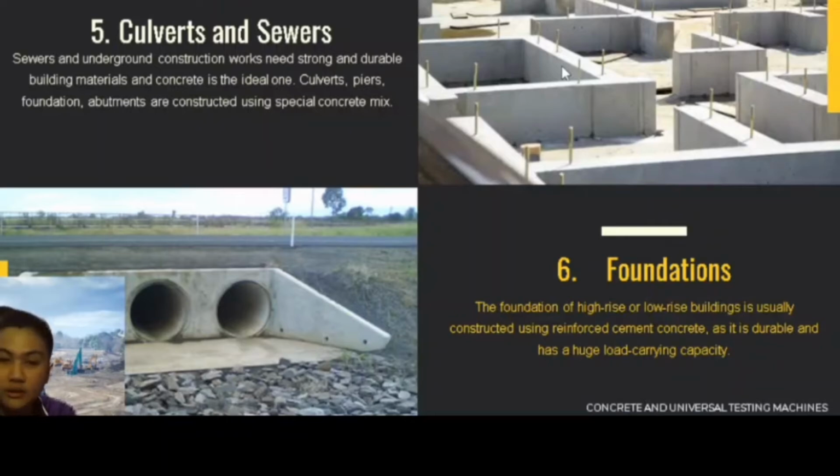Syempre yung concrete, di ba, may water, may cement, may sand, may aggregates, may gravel. Hindi rin mawawala yung reinforced steel o yung nilalagay natin na mga bars. Bakit? Yung concrete ang nagsusupport dun sa steel na yun, which is commonly used sa mga foundations.